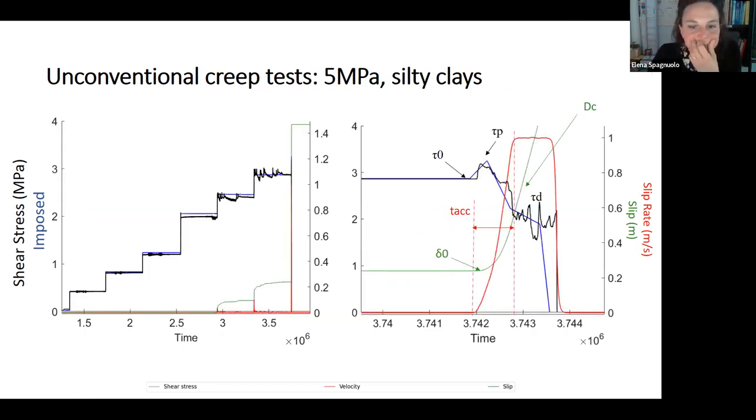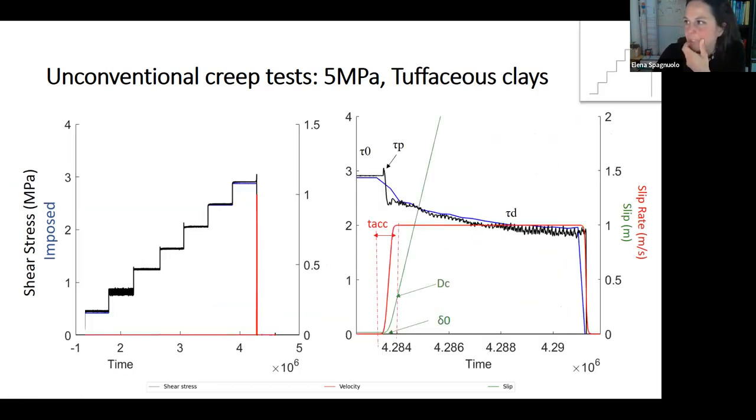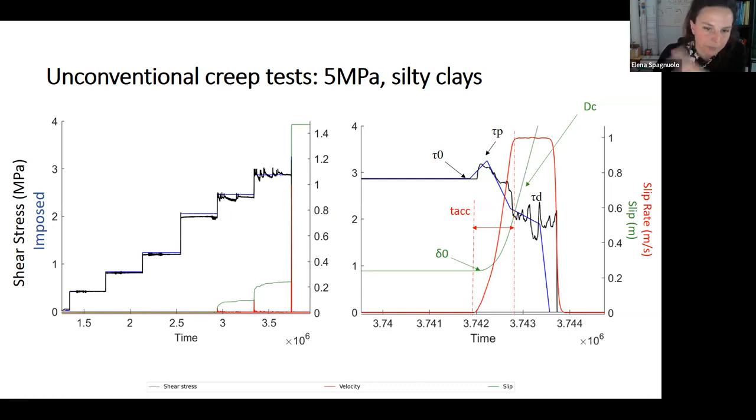And here is another type of experiment. This is not a different kind of experiment, sorry. This is a different kind of lithology, because now we are running experiments on silty clays. And the picture is a little bit different, because as you might see, even here, when we try to keep the shear stress constant, it was not possible anymore.